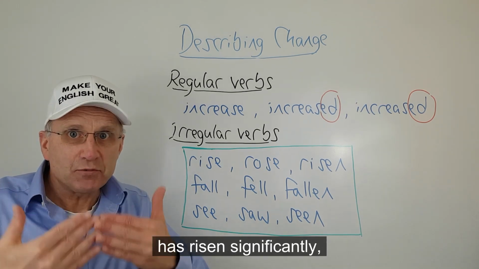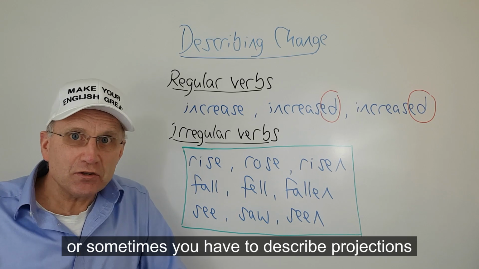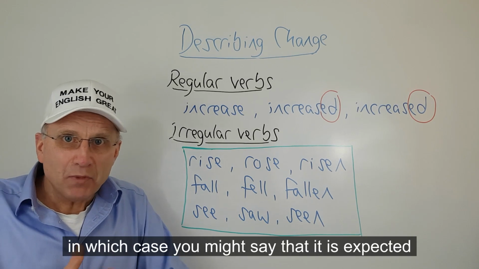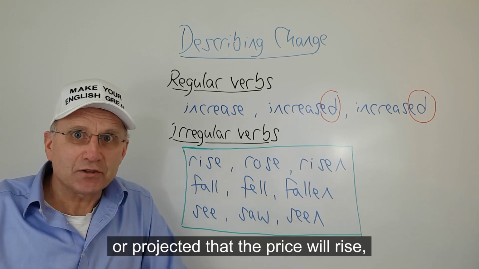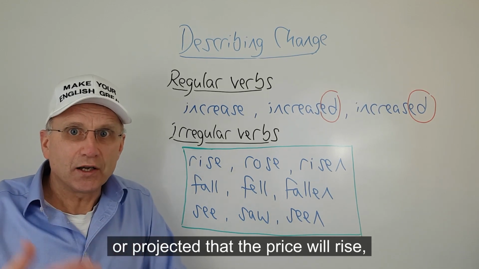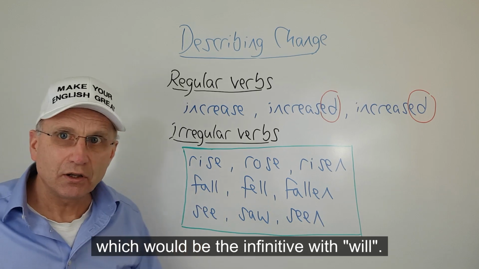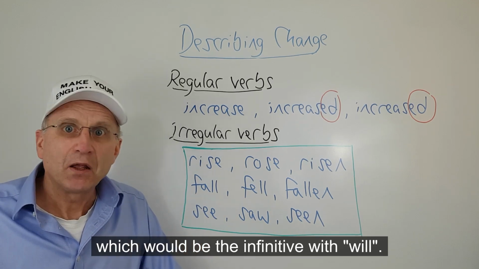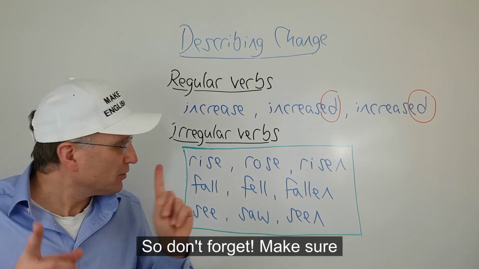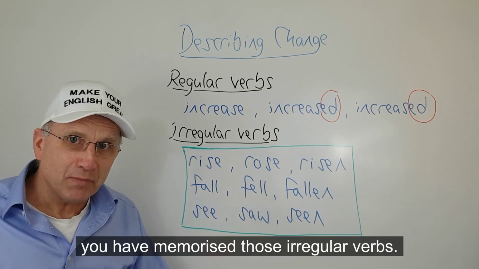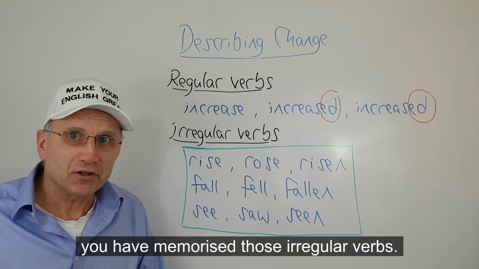Or sometimes you have to describe projections, in which case you might say that it is expected or projected that the price will rise, which would be the infinitive with will. So don't forget, make sure you have memorized those irregular verbs.